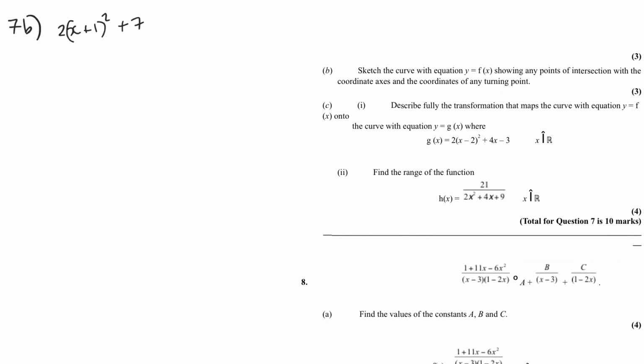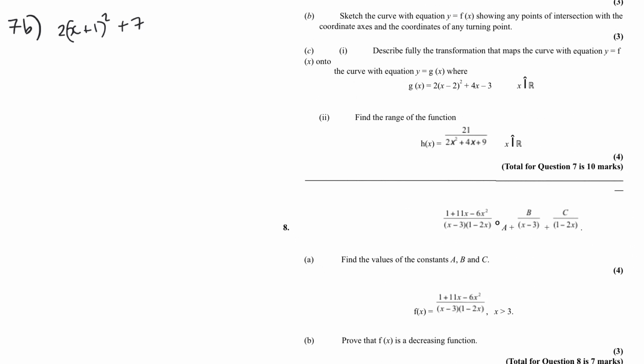Okay, so with completing the square, the point here and the point here give you the coordinates of your turning point. Usually what's inside the x brackets is actually the opposite of the actual coordinates of the turning point, meaning that if it says x plus 1 in the brackets, then the actual x value for the turning point is -1, and then the y is just 7.